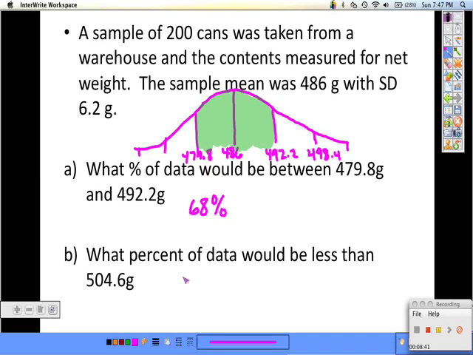What percent of the data would be less than 504.6? Well, that's going to be the 3rd standard deviation out here.